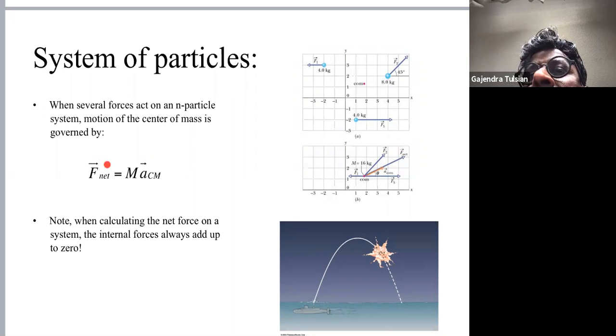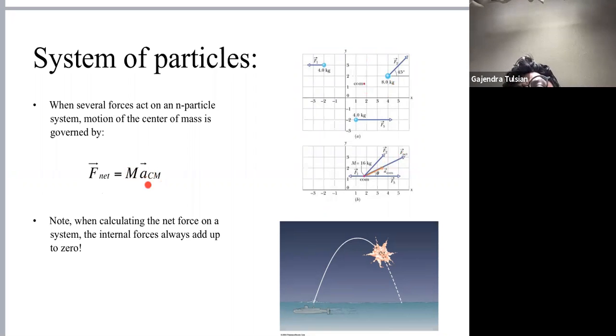And what Newton's second law is telling you is the net force acting on the system is equal to the total mass of the system times the acceleration of the center of mass. There's the center of mass of these guys, and the center of mass accelerates. The acceleration of the center of mass is given by this equation. So this equation, which applied to a single particle, also applies to a system of particles.